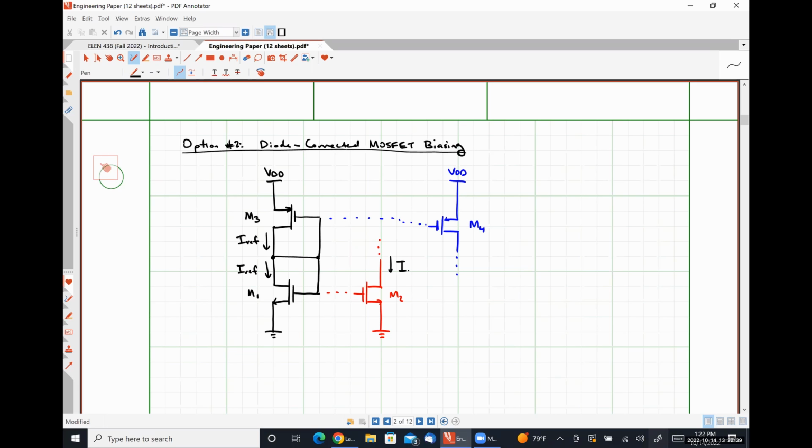So if M1 is part of the current mirror, M2 will carry IREF. If M3 is part of the current mirror, M4 will carry IREF. So it's a very interesting connection because of its versatility, in my opinion. But it's a little less obvious to understand.